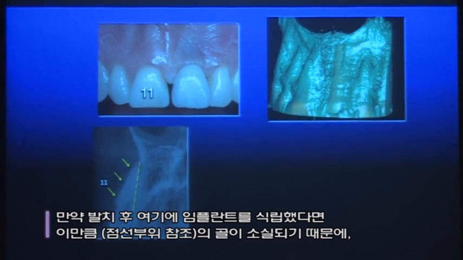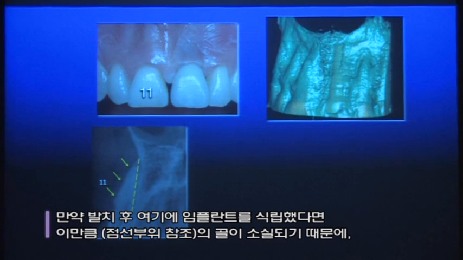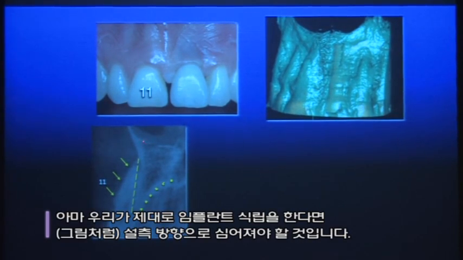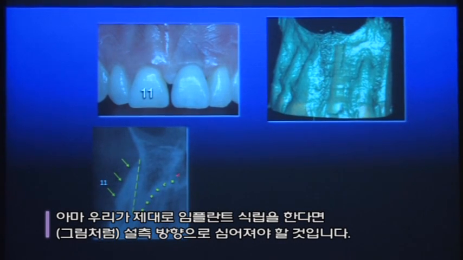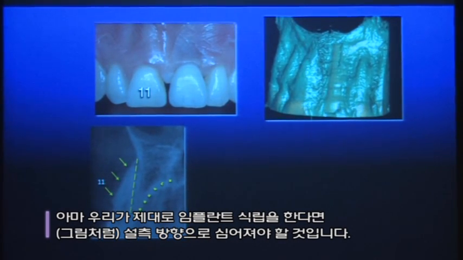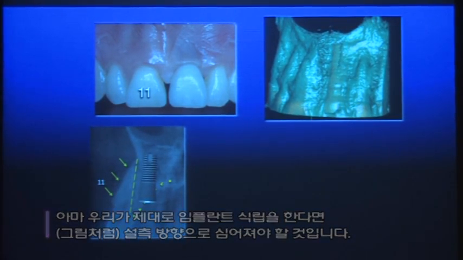But this bone is going to disappear to this level. And my dear friends, if you take a CAT scan of an edentulous front tooth region in the maxilla, this is the profile you see in the tomogram, for instance. And this is then how you place the implant. That's the point.